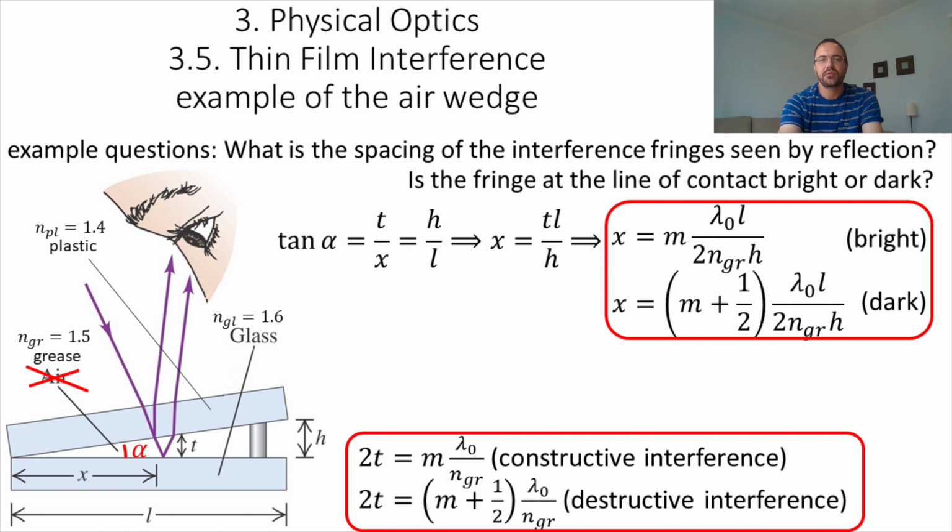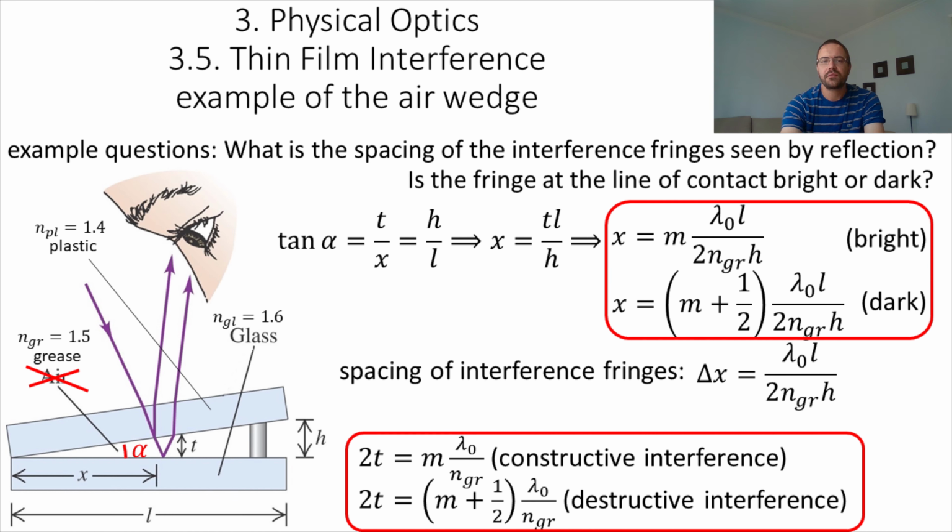So we can answer the first question. The spacing of interference fringes is given by delta x is equal to lambda 0 L over 2 n grease h. Again, you see the spacing between fringes is reduced because the wavelength is reduced in grease. And we can answer the second question.